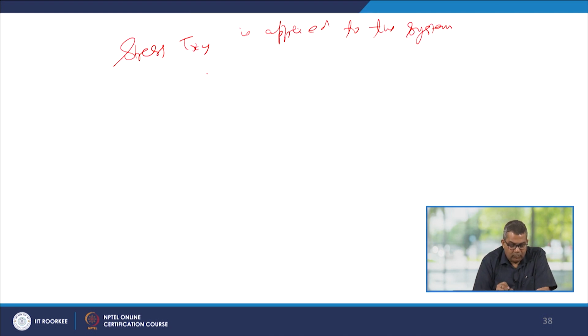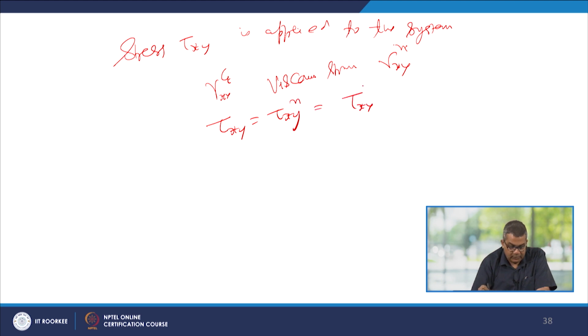The total strain is the sum of the elastic strain, gamma xy g, and the viscous strain, gamma xy n. So tau xy is equal to tau xy n is equal to tau xy g. This is, let us say, equation A, and gamma xy is equal to gamma xy g plus gamma xy n. This is equation number B.